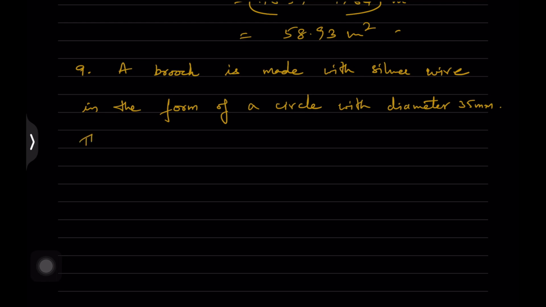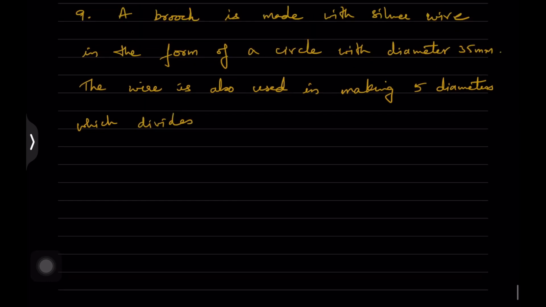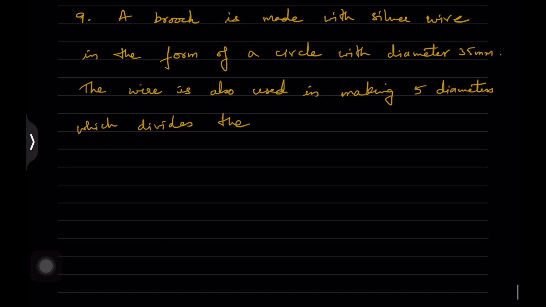The wire is also used in making 5 diameters, which divides the circle into 10 equal sectors.